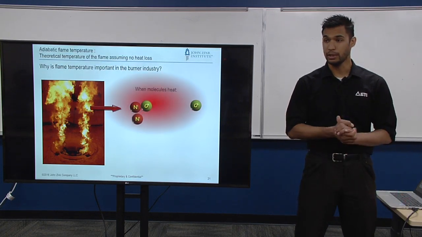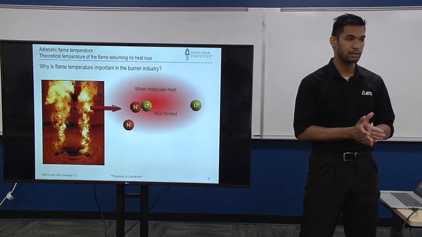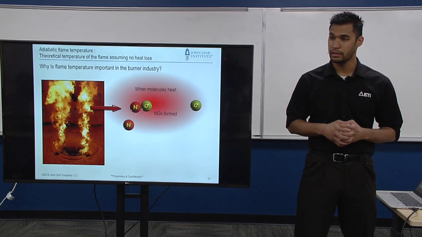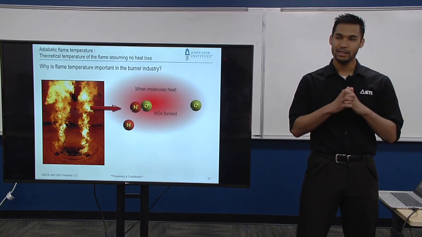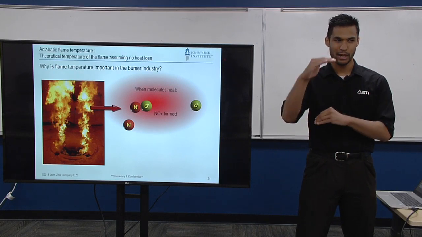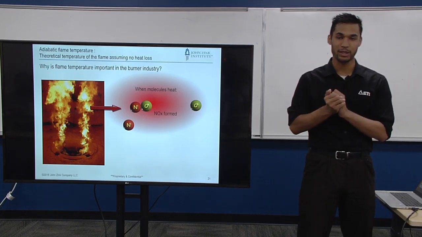Why else is it important? Well, besides affecting stability, remember when I said those nitrogen molecules could split apart and do really funky things? Well, when you're running a reactor, let's say our combustion system is a little mini reactor here.